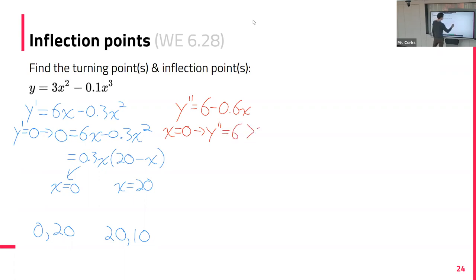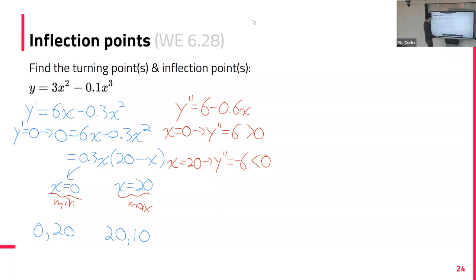So that's greater than 0. All right. And when x is equal to 20, second derivative will be equal to -6. And then that's less than 0 here. Okay. So at x equals 20, what do we have? Maximum points. And when x is equal to 0, we have a minimum point.